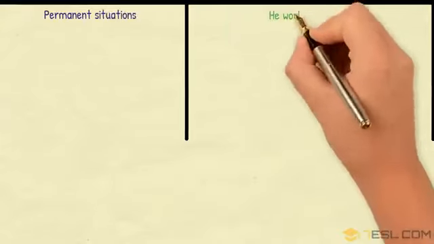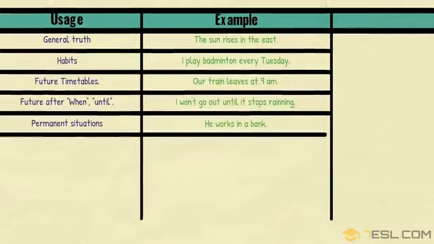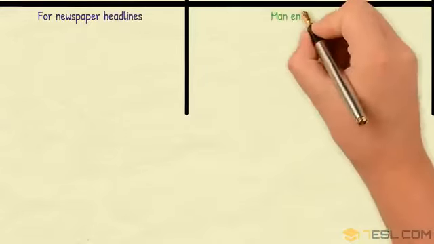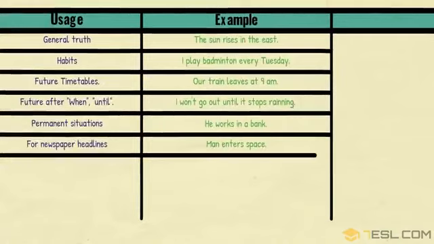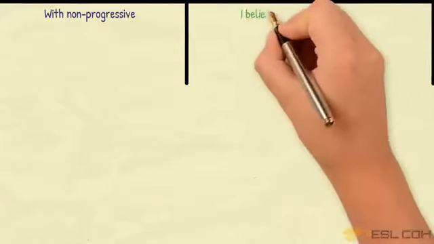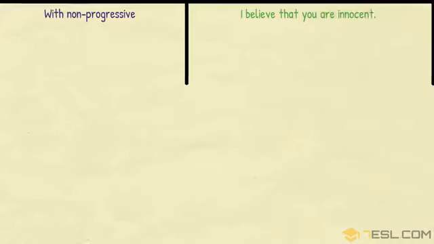Permanent situations: he works in a bank. For newspaper headlines: man enters space. With non-progressive: I believe that you are innocent.